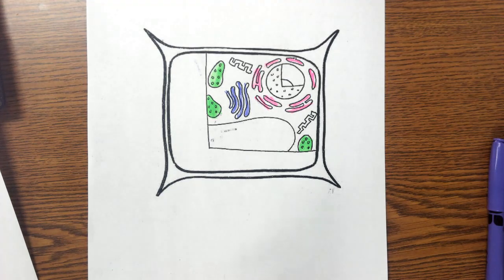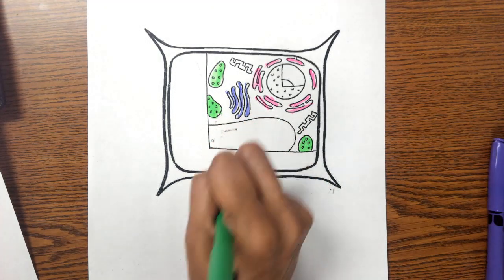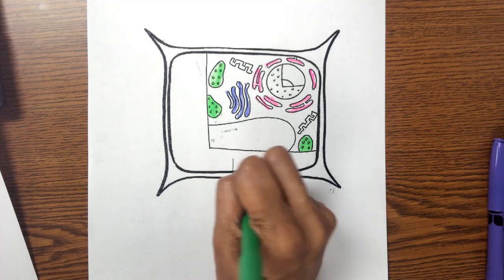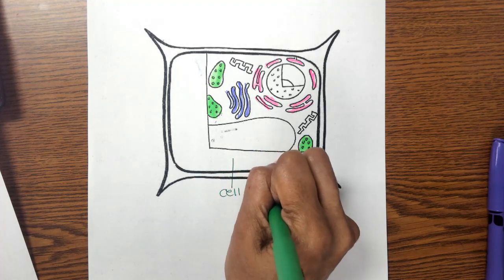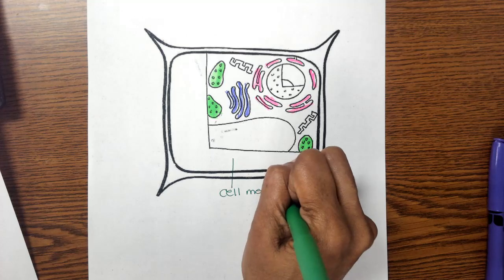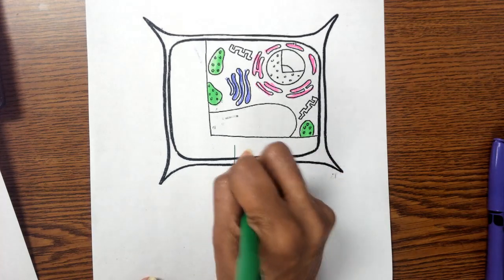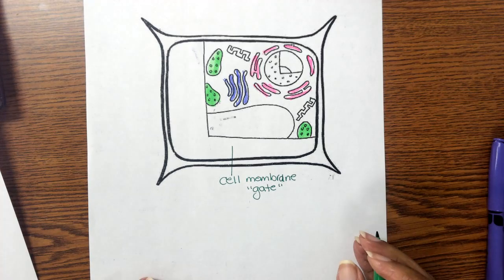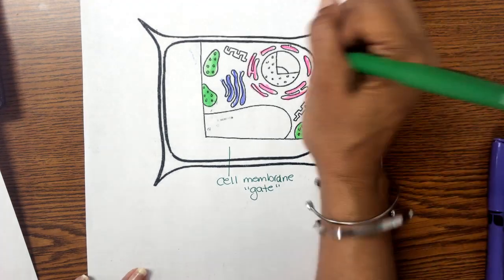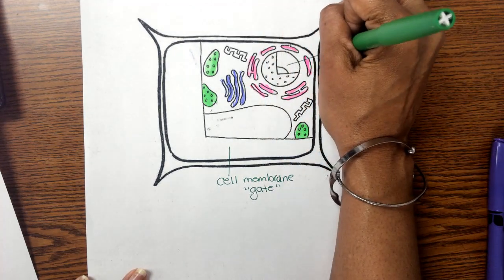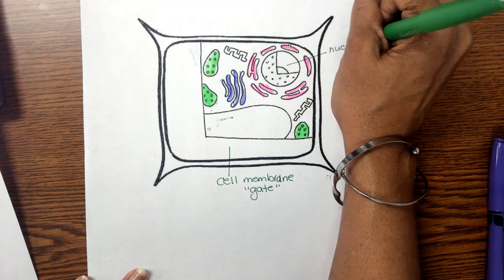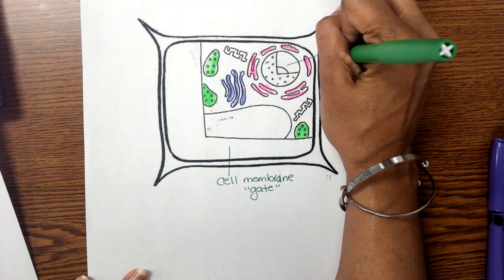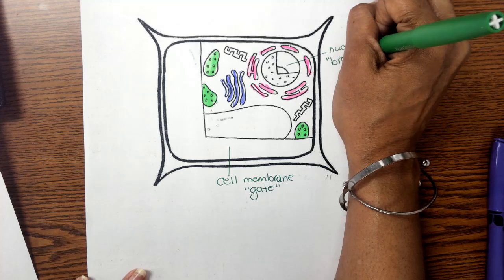Okay? All right. So right here you have your cell membrane. Okay, and I'm going to say this is the gate. Allows things to go in and out. Right here you have your nucleus, which is the brain of the cell, controls everything.